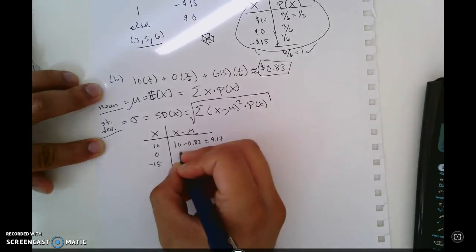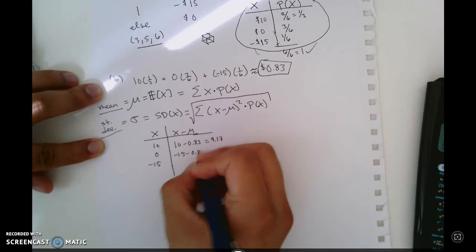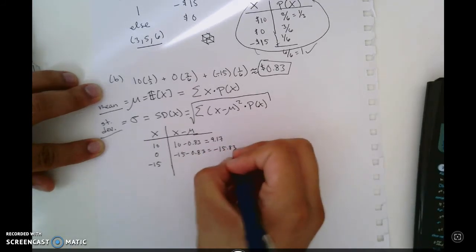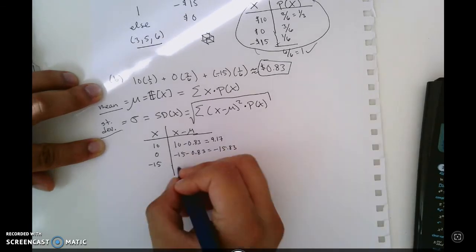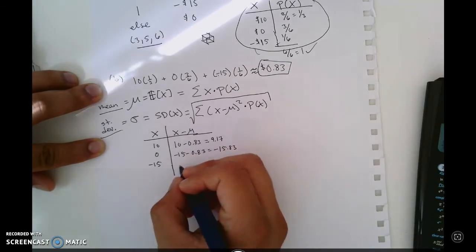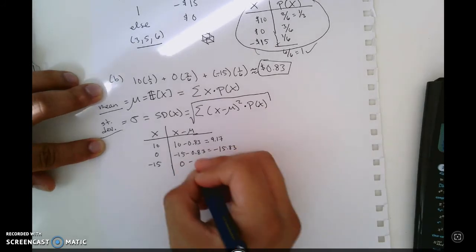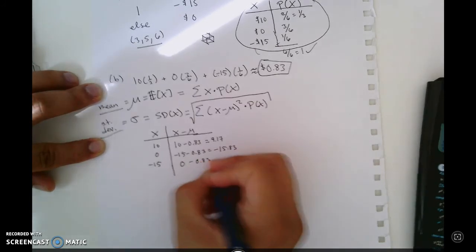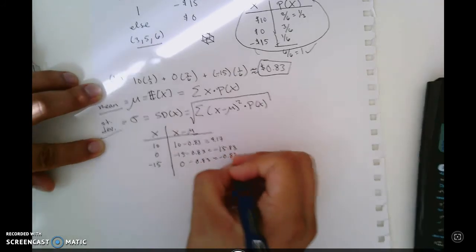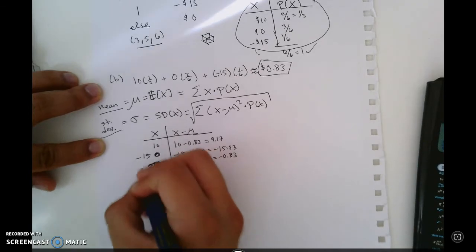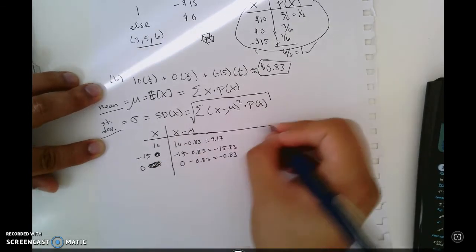I take negative 15 subtracted by 0.83. That gives me negative 15.83. And then I take, oh, see, I already messed this up. 0 minus 0.83 gives me negative 0.83. Okay, let me just switch this around. This should be a negative 15. This should be a 0. Okay, see, I'm already goofing. Okay, so I get that.